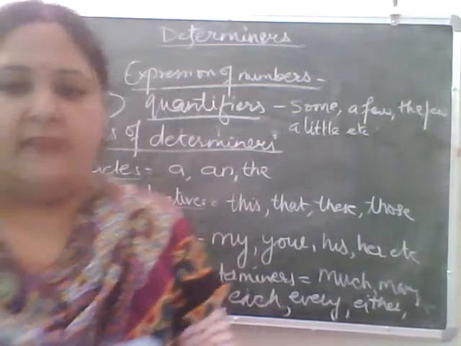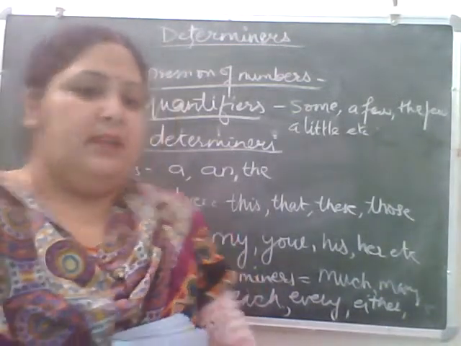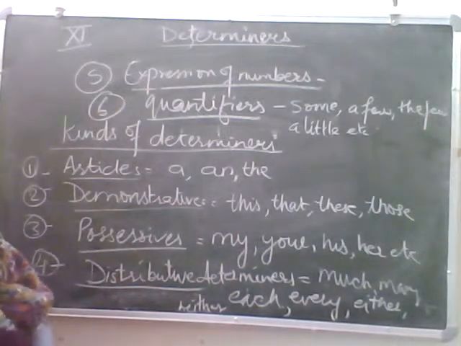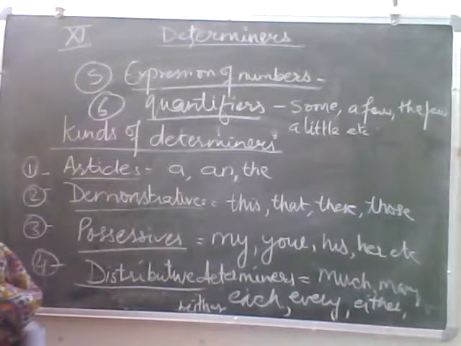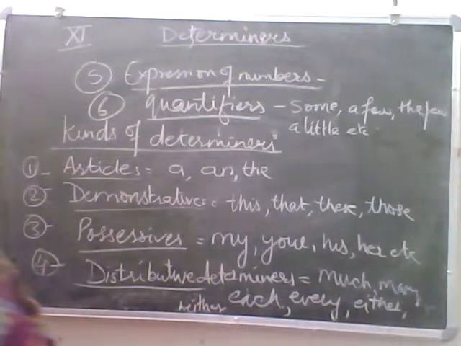But one thing we have to keep in mind when we use determiners in a sentence is that these are always placed before the noun or before the adjective, at the beginning of the noun. Okay, so this is how we use it.